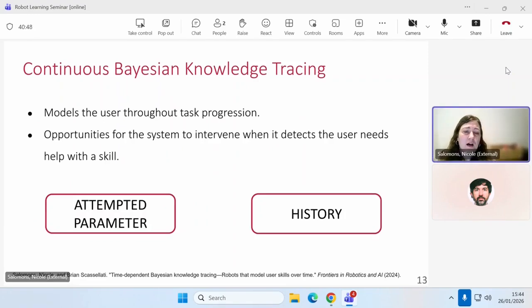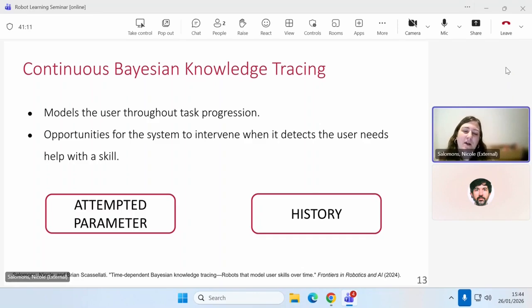And we've updated the traditional Bayesian knowledge tracing algorithm to have these two new ideas. The first is that we model the user throughout task progression. We don't wait until the very end of the task where the user's gotten the answer completely correct or completely wrong, but we want to model and understand them in the meanwhile.